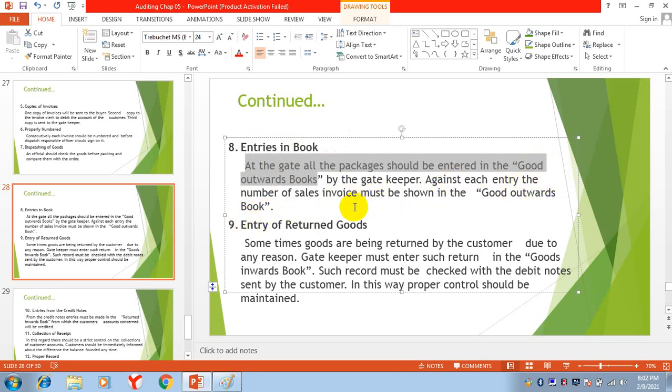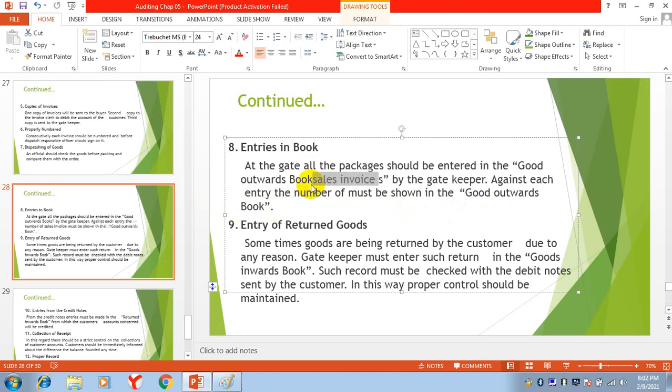Against each entry, the number of sale invoice, whatever the goods are going out, he will write the number of the sale invoice in front of that order.